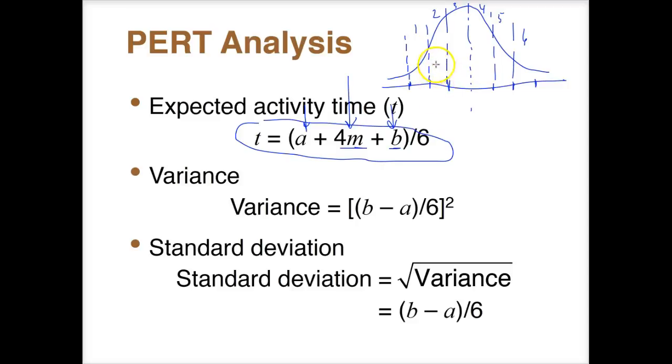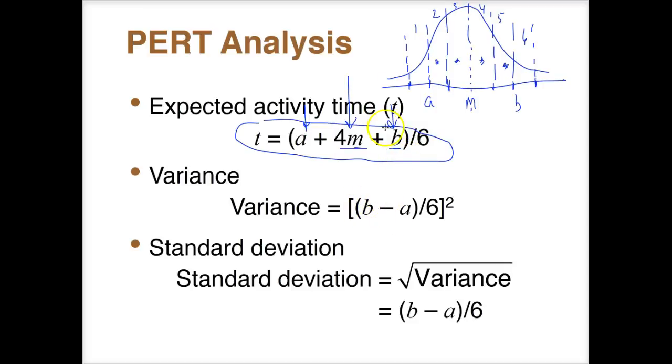So we think we have a better chance of being either in here, in here, in here, or in here, as far as the most likely time that you will fall in there. So that weight on 4 is basically saying this is M, and we're thinking that, you know, A may be somewhere here, B may be somewhere here. So that's sort of the idea of why we're taking this and dividing it by 6.